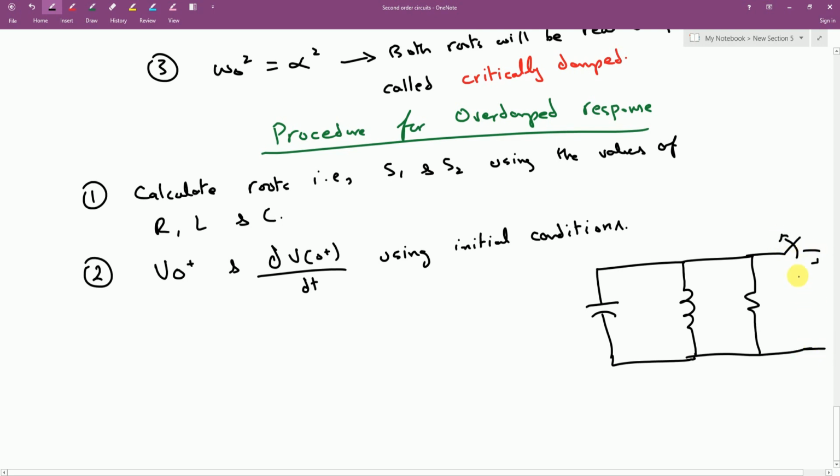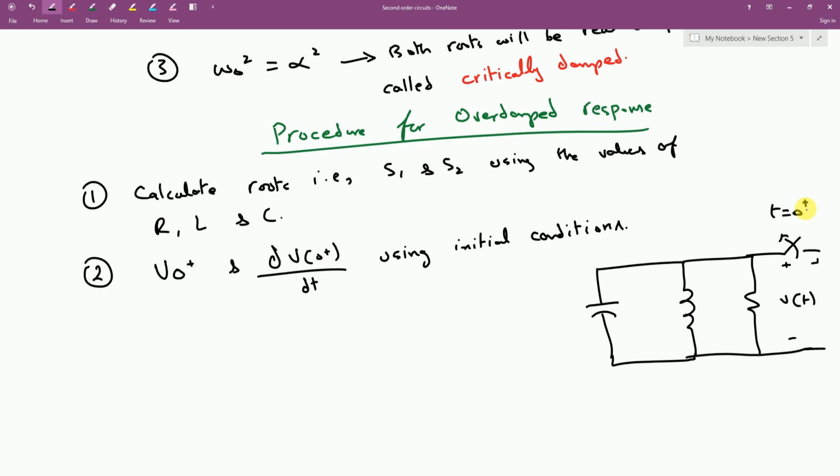This is where we want to find out the V(t). We do know that there is some inductor current available because that was flowing here. The inductor was short circuited and therefore all the current was flowing through the inductor. So right at time t equal to 0 positive, what shall happen? The inductor current cannot change instantaneously.